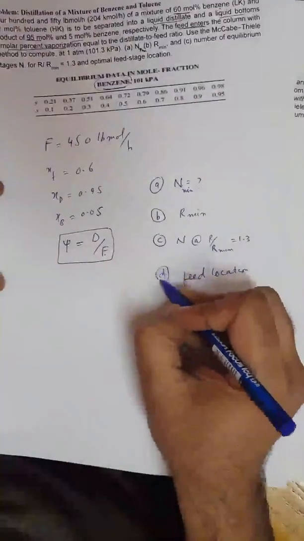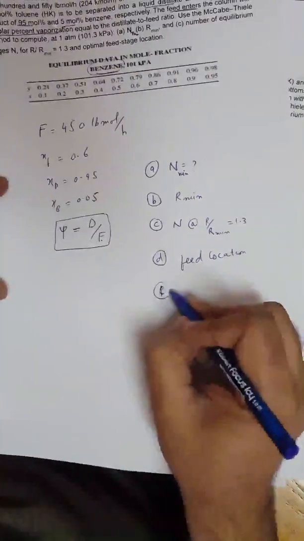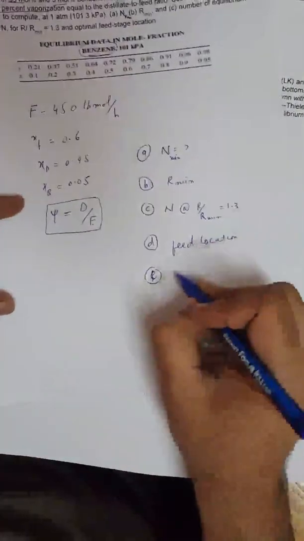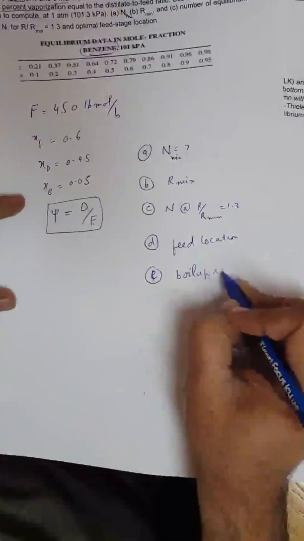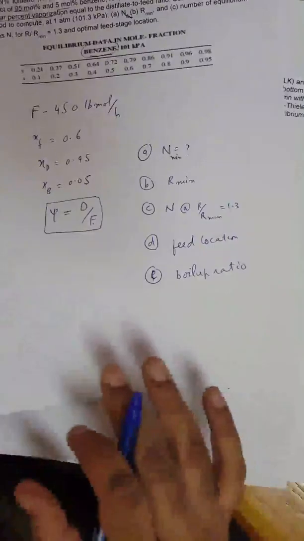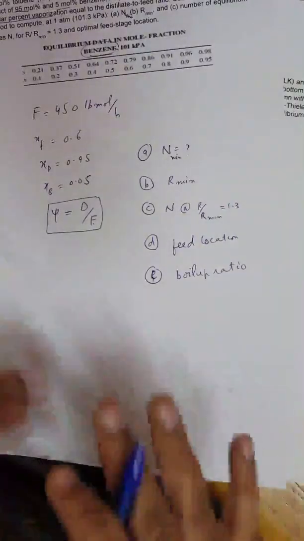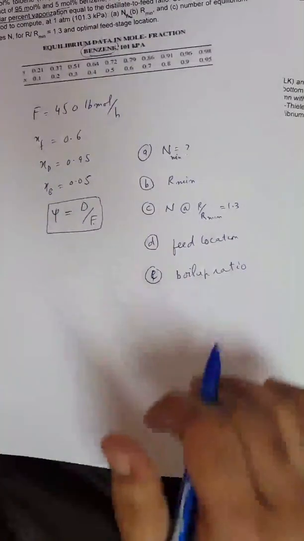We can also add a fifth, the boil up ratio, if you like. Hopefully it will give all the solutions for all these parameters.